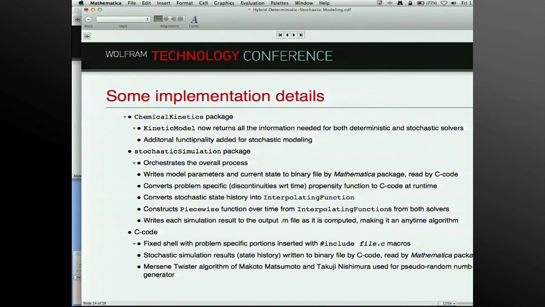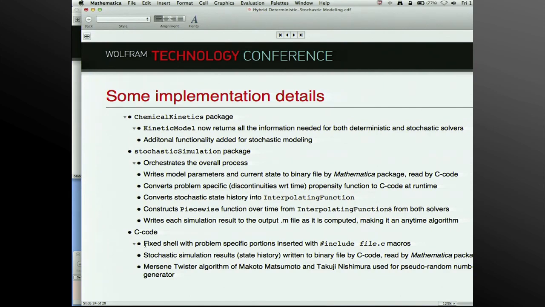Okay, implementation details. Originally this was all done in Mathematica, but the stochastic simulations for some of the problems we were working on would take 12, 18 hours to do, and that's too long to do and try to understand your system and make changes, and also just simulate thousands of patients when you're trying to simulate a clinical trial.